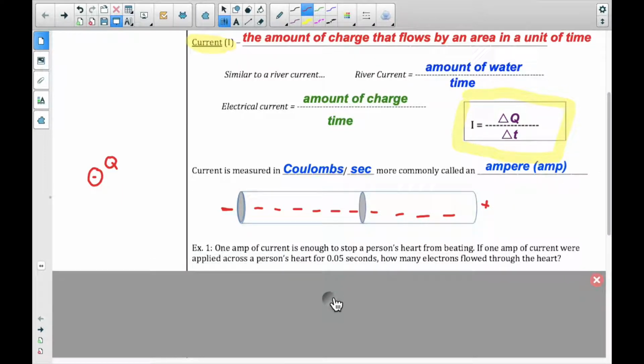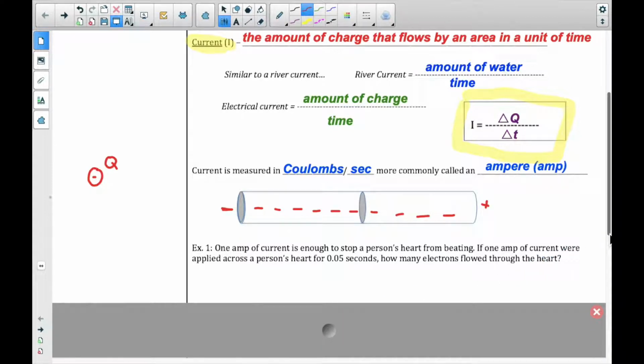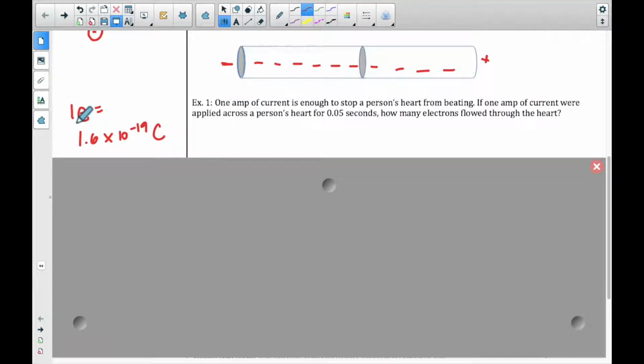Also back to our electrostatics unit, we learned that 1 electron has a charge of 1.6 times 10 to the negative 19th coulombs. That number, if we need it, is on your AP sheet. That's not something you have to memorize. But I'm bringing that up because this first question is going to ask about that. If we have 1 amp of current, that is enough to stop a person's heart from beating. If 1 amp of current were applied across a person's heart for 0.05 seconds, how many electrons flowed through the heart?